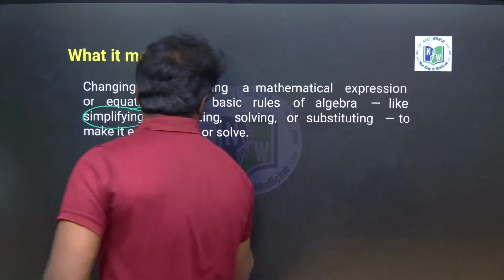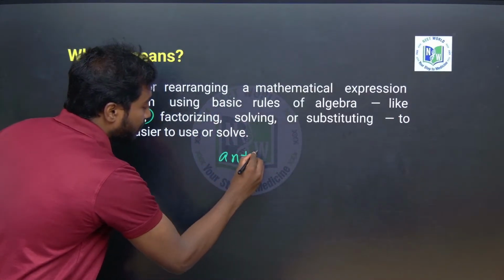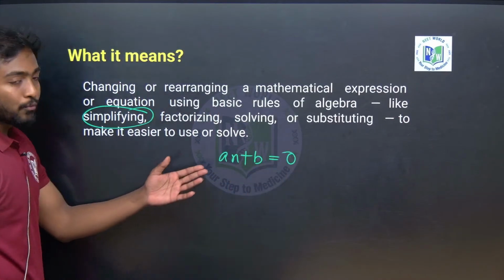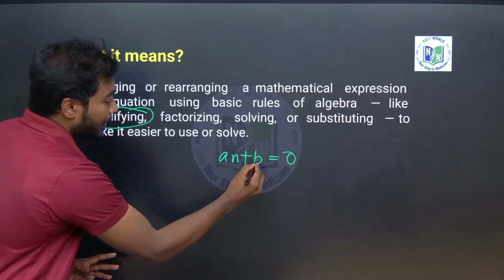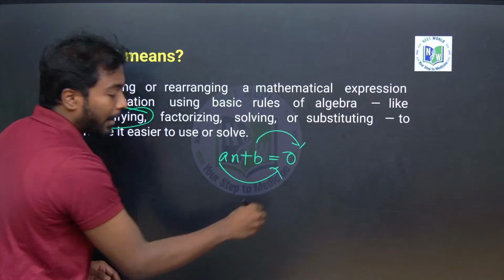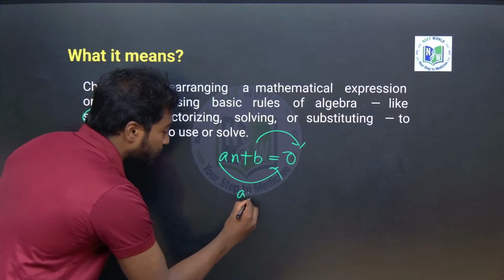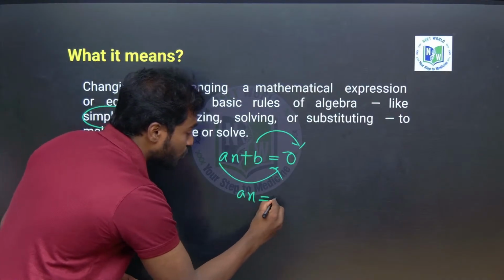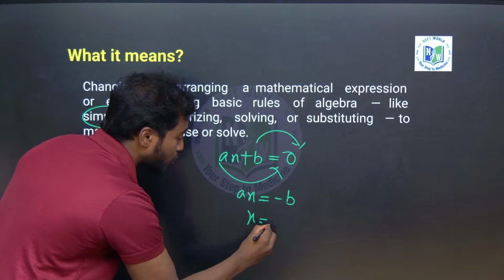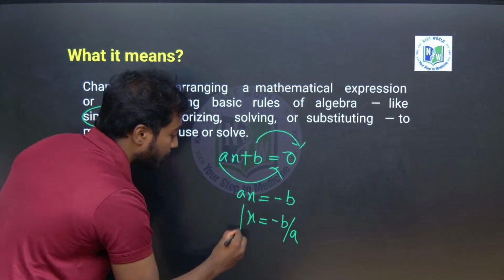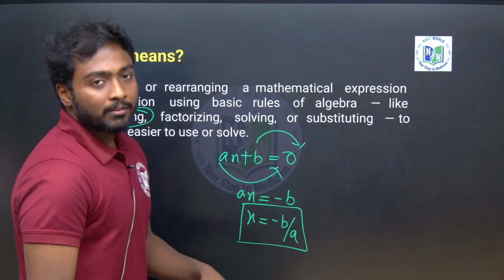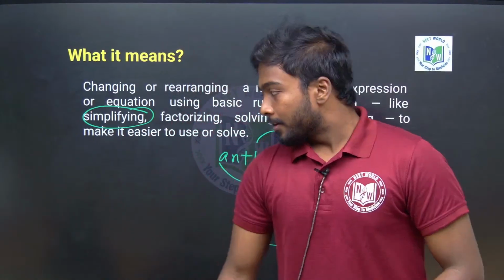For example, if I take ax plus b is equal to 0, I need to find the value of x. I can take b to the other side, so ax is equal to minus b, where x is equal to minus b by a. This is how we will simplify the equation, right.